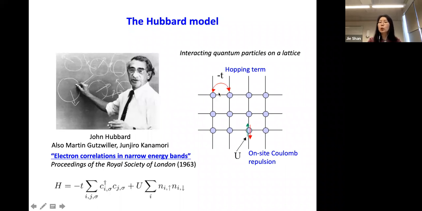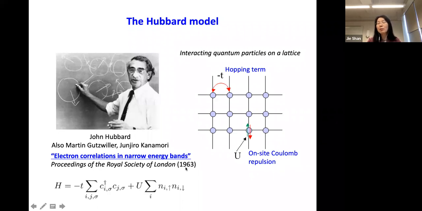And to take the Coulomb interaction into account, we only take the first term, U, and that's the energy you need to pay by putting two electrons on the same site. So this Hubbard model is one of the most important models in condensed matter physics. It studies electron correlation in narrow energy bands, and was first proposed in the 60s.